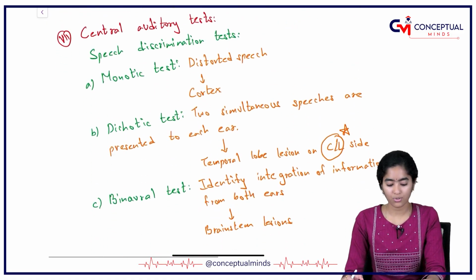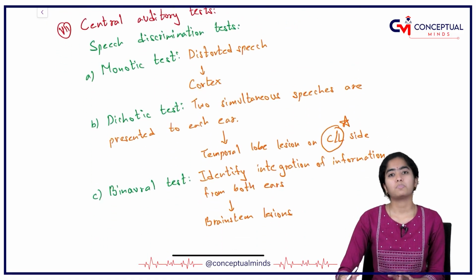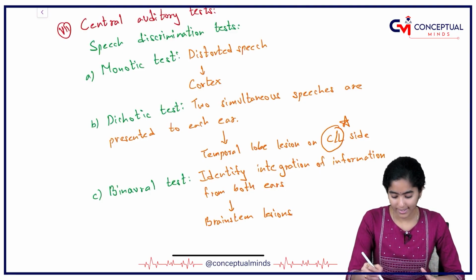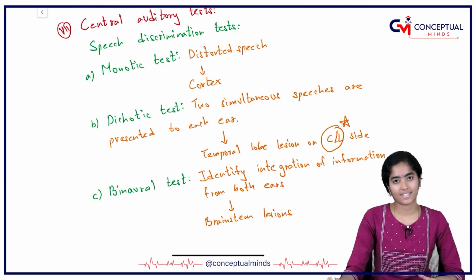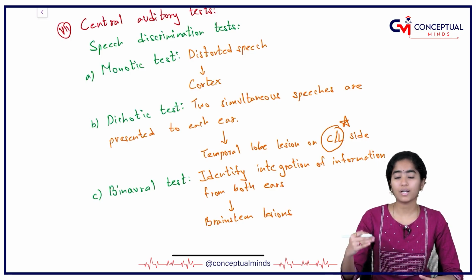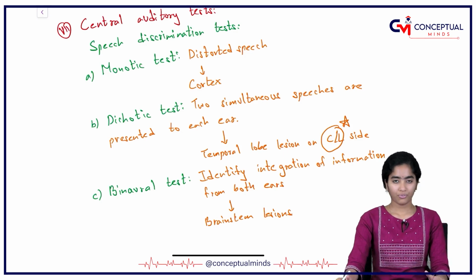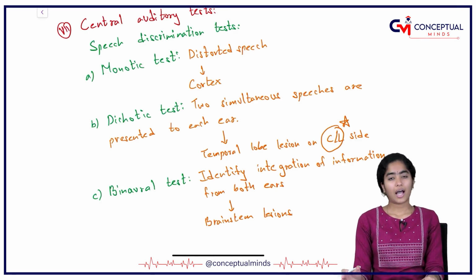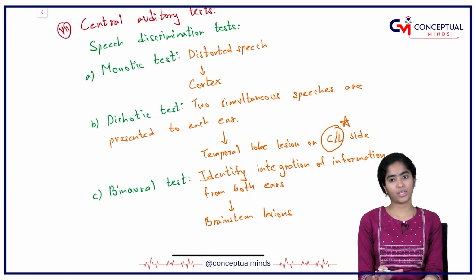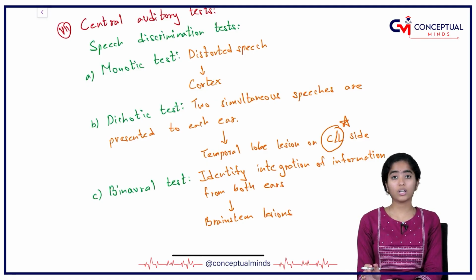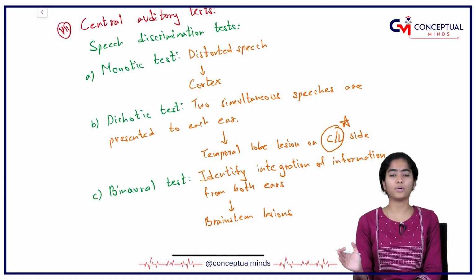So in central auditory testing, we perform speech discrimination tests such as the monotic test, dichotic test and binaural test, and these are used to identify lesions at various levels. If we observe the entire spectrum of assessment of hearing, our first criterion was to differentiate between conductive hearing loss and sensory neural hearing loss by all the tuning fork tests, up to pure tone audiometry.